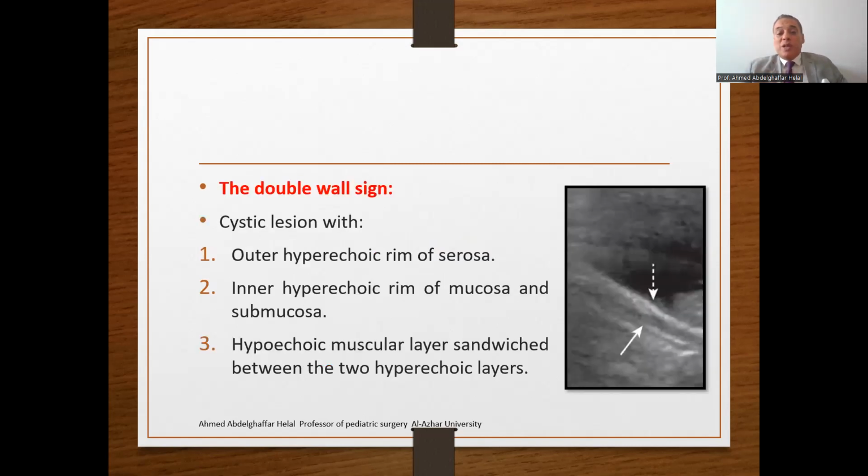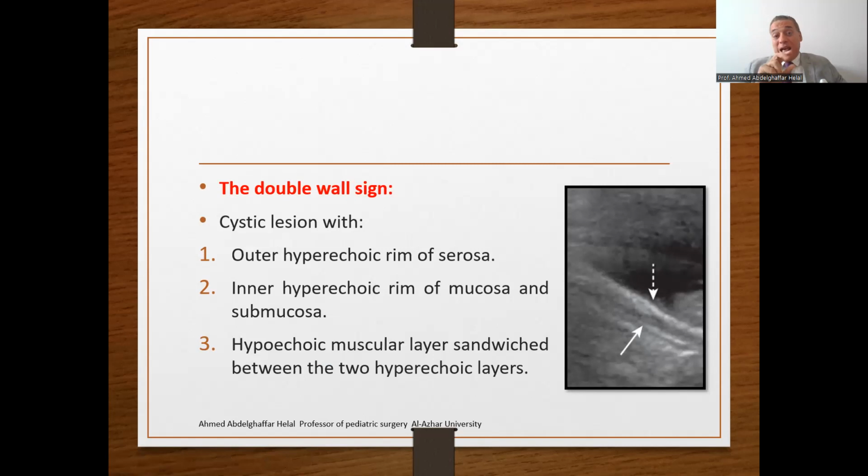The double wall sign means there is a cystic lesion with an outer hyperechoic rim of the serosa, an inner hyperechoic rim of the mucosa and submucosa, and a hypoechoic muscular layer sandwiched between the two hyperechoic layers.